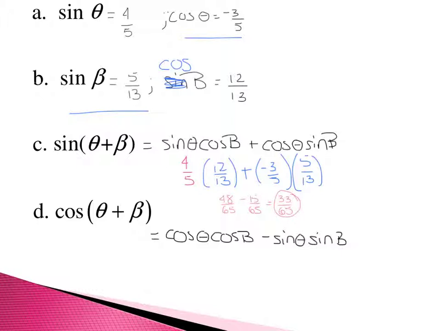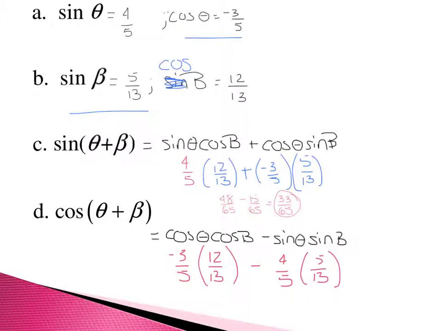All right, so for part B, when I'm doing cosine of theta plus beta, again, make sure that you rewrite this using these given angles, so that way you don't accidentally substitute something that shouldn't be there. So cosine of theta, it's -3/5, cosine of beta, that's 12/13, minus sine of theta, which is 4/5, and sine of beta is 5/13.